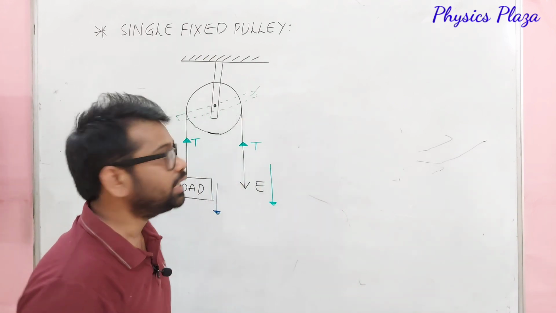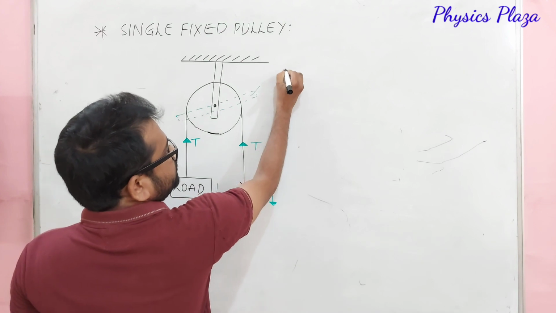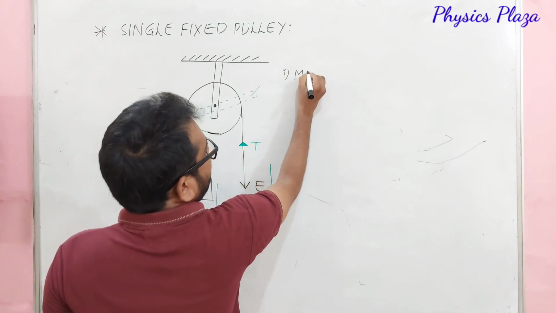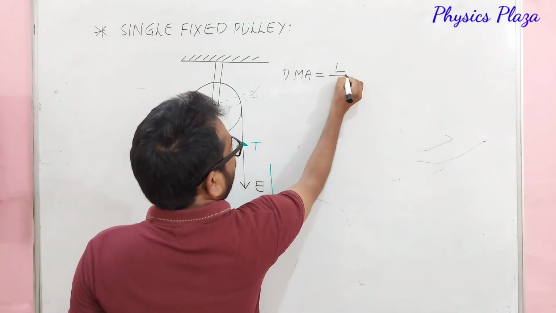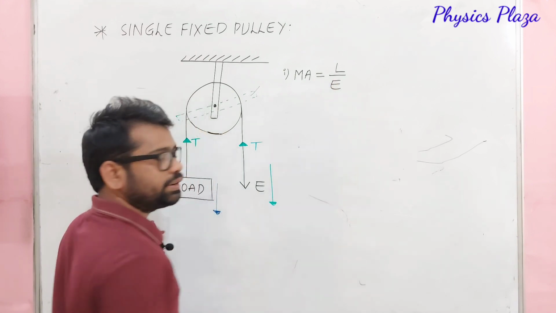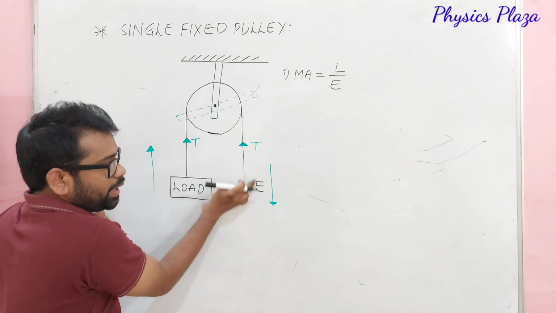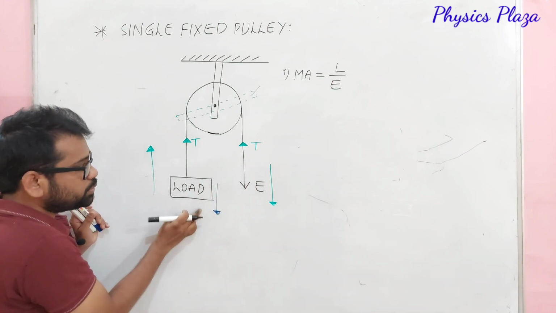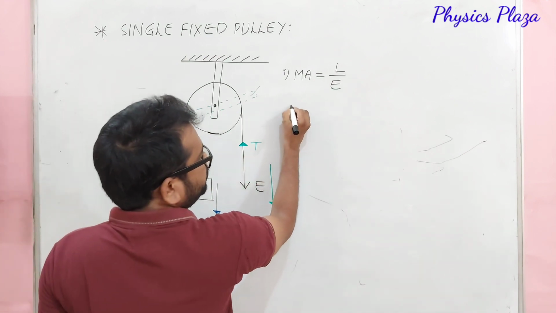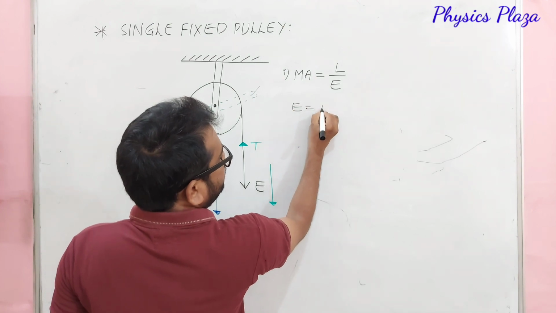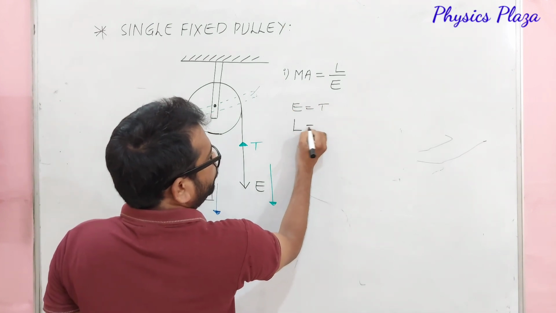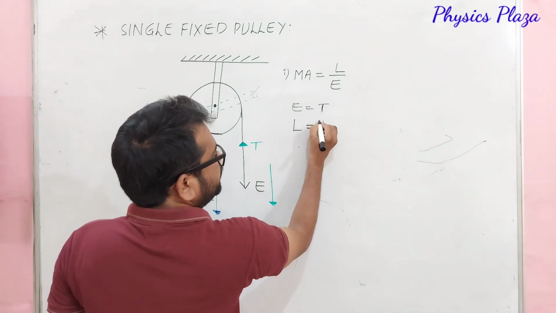Now let us try to calculate first the mechanical advantage. Children, we know that mechanical advantage is equal to load by effort. In equilibrium, effort is balanced by tension, load is balanced by tension. So here effort is equal to T, and load also is equal to T only.